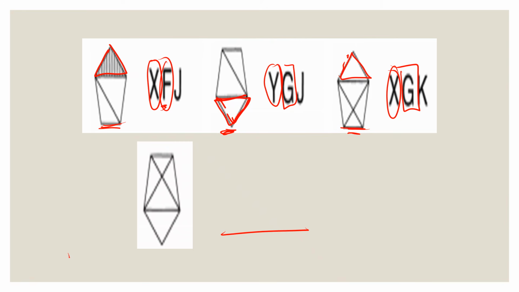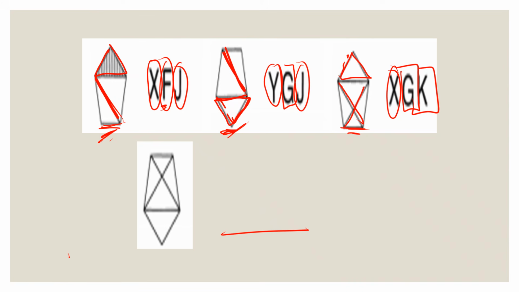Now we look at the third letter. We have J here and we also have J in here, and what's common between the first and the second is that there's only one diagonal line in the pentagon, while this one, the letter K here, would probably mean that there should be two diagonals inside the pentagon.